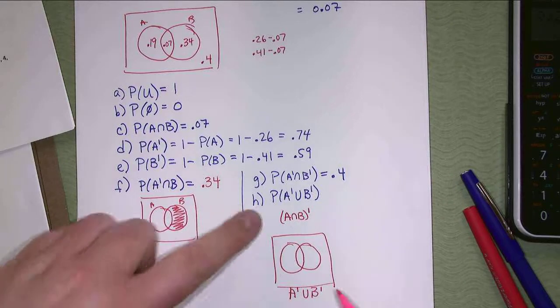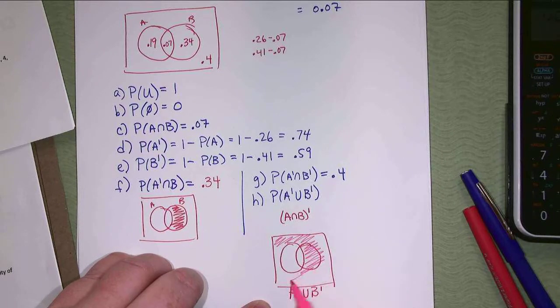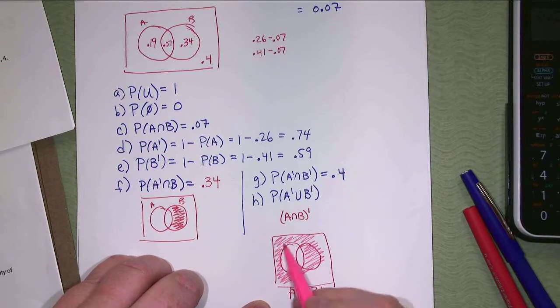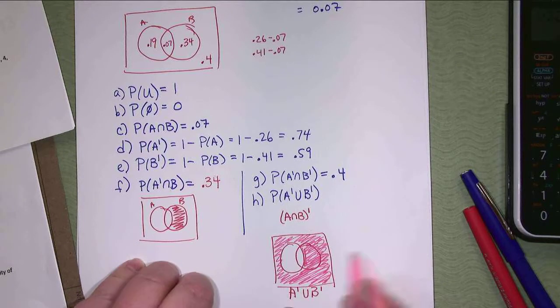So A prime is everything outside of A. Okay, so there's A prime. Cool. This means add to it. Don't erase anything. Just add on top of it everything in B prime.